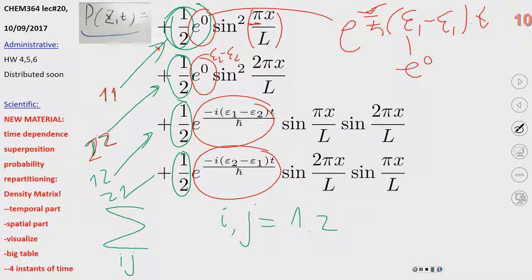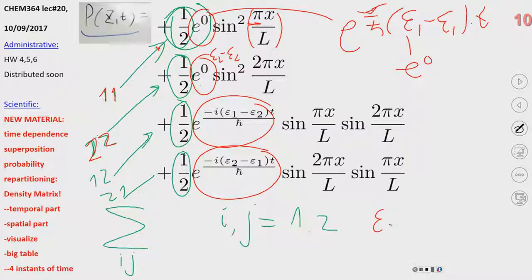Everything should be multiplied at the front by the normalization factor. I'm just skipping it to have a shorthand notation. So for the 2,2 element also no explicit time evolution. But if you have the cross terms, there will be explicit energy of state 1 minus energy of state 2, or energy of state 2 minus energy of state 1. So the phase is accumulating at a rate equal to the energy difference.